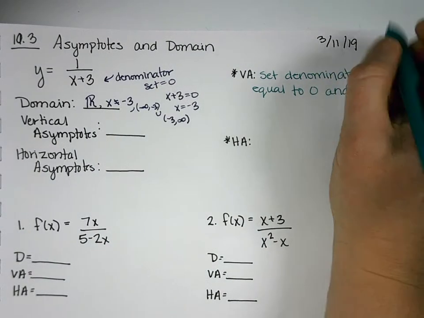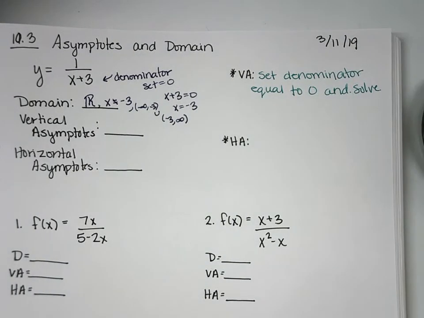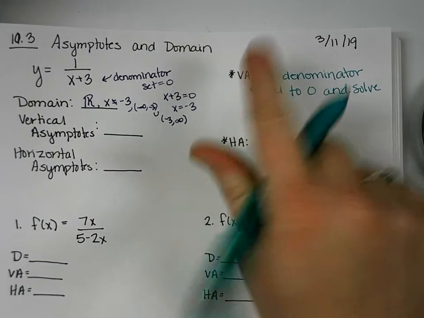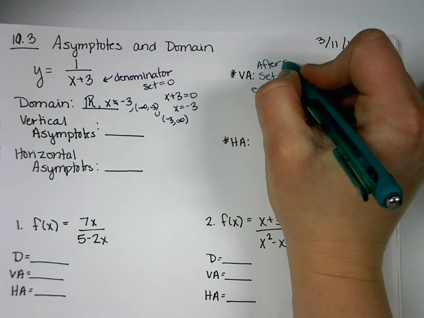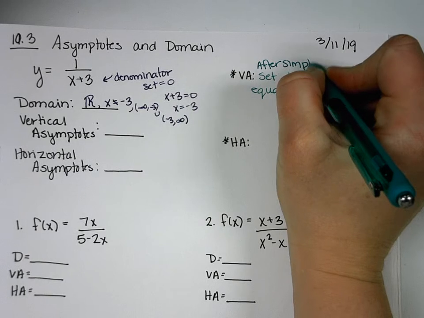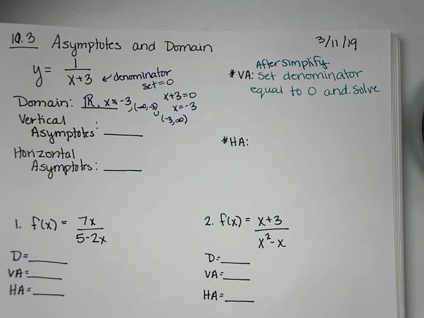Now, one of the differences between vertical asymptotes and domain is that vertical asymptotes are found after you simplify. Domain is before you simplify. So domain is the first thing you want to do. Then you try to simplify if you can, and then do your vertical asymptotes.